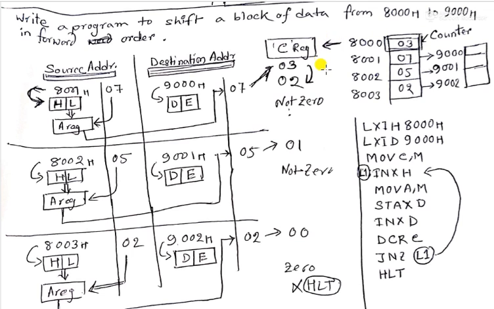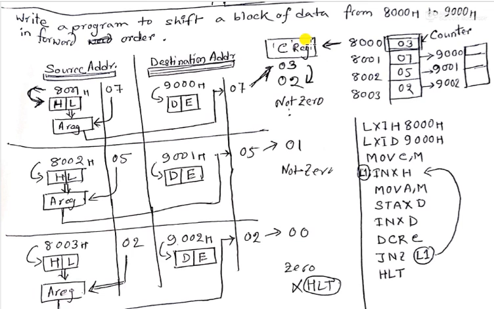Further, we have to decrement this register. So first of all we move this value to a register, the C register here. The C register will store the counter value which is located at 8,000 location. So first we move this 3 from the 8,000 location to the C register.